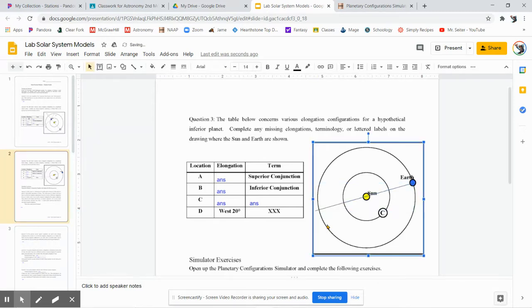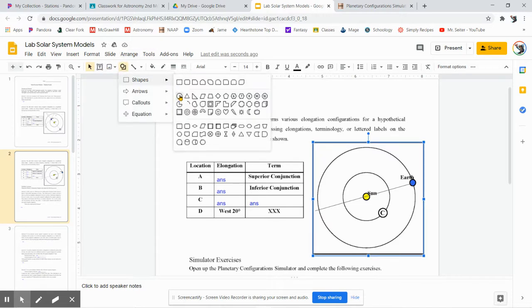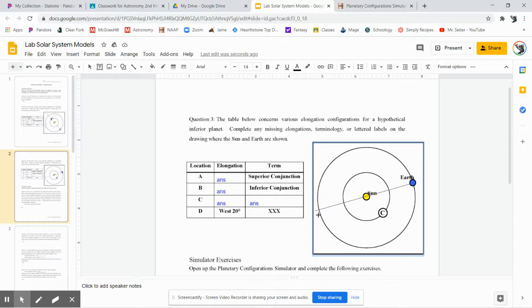All right, let's put a planet at superior conjunction. Boom. Move it around a little bit, whatever we got to do to make it look like that. There we go. Let's put a little box there and say A. That's A. That is superior conjunction.